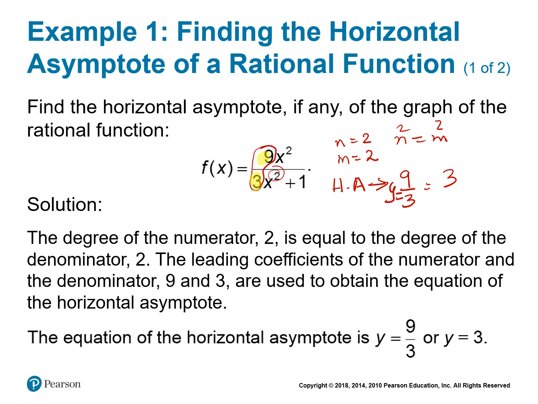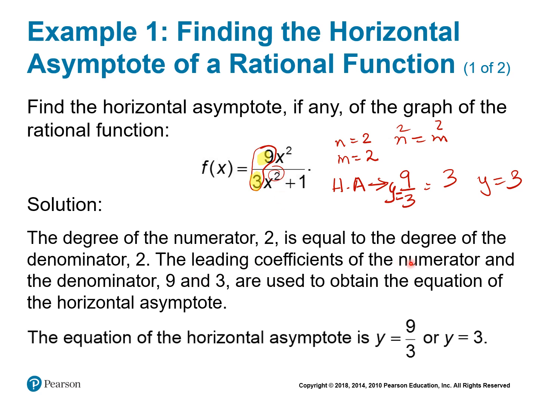So we express the horizontal asymptote as an equation. It's going to be y equals 3, is how you're going to write it. Let's just read through the solution. It says the degree of the numerator is 2, equal to the degree of the denominator, which is also 2.